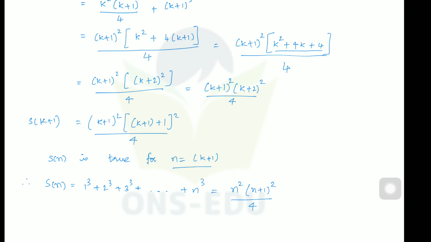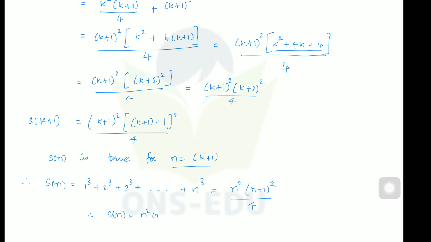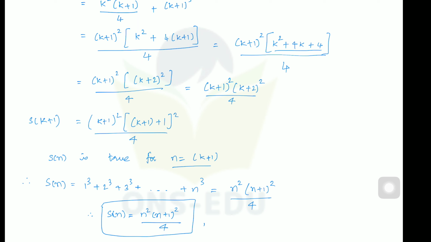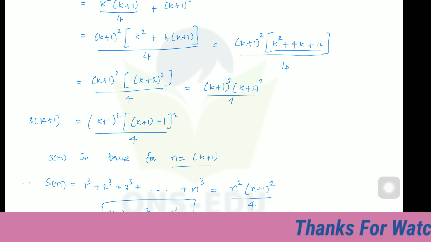Therefore, we could prove this using mathematical induction. Hence, S of n equals n square times n plus 1 whole square by 4, where n belongs to natural numbers.